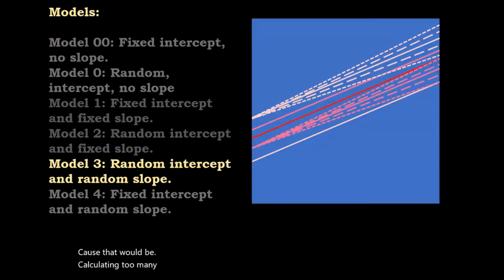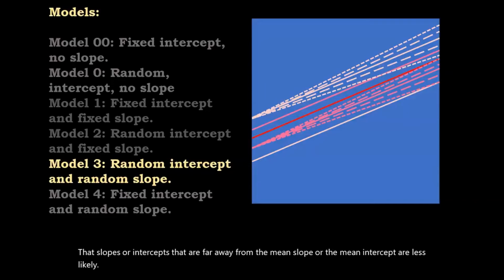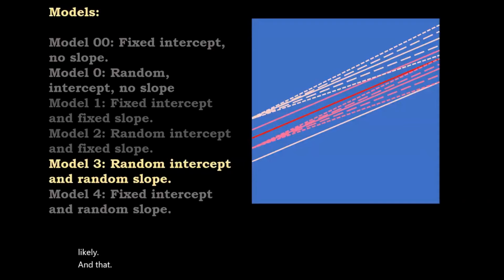What we are doing is calculating a variability of the intercept, or in this case the slope, from the mean. That means that slopes or intercepts that are far away from the mean slope or the mean intercept are less likely. And what that in effect causes is what we call a shrinkage.